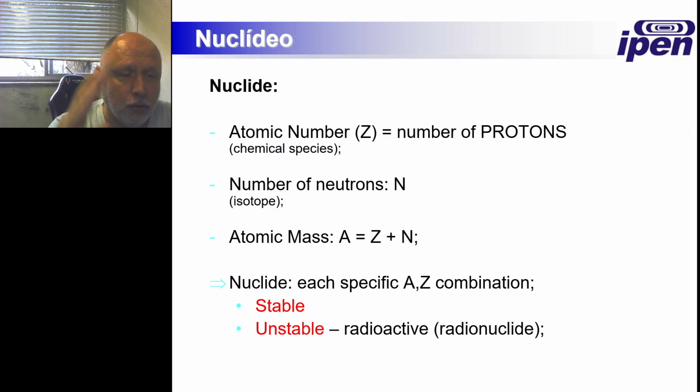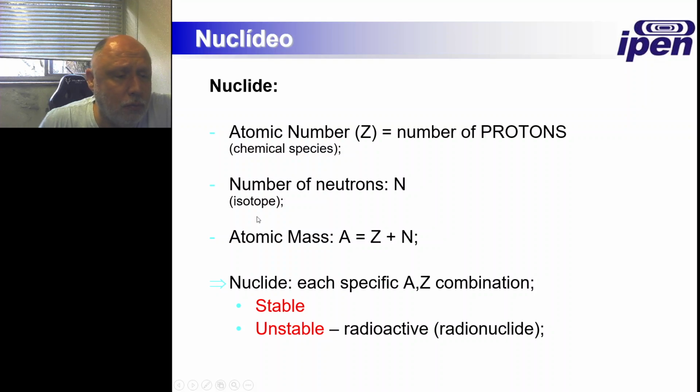So the atomic number is the number of protons or the number of charges in the nucleus, and so this gives all the chemical properties of the atom. The number of neutrons defines what we call an isotope. We'll talk about that in a minute. So you have a number of protons, but you may have different numbers of neutrons, and this will define different nuclides of the same chemical species.